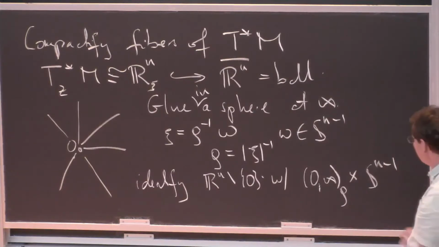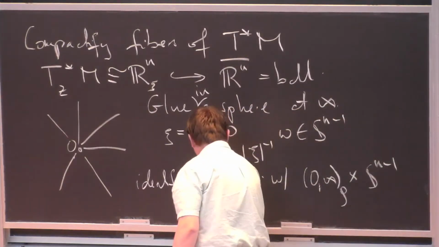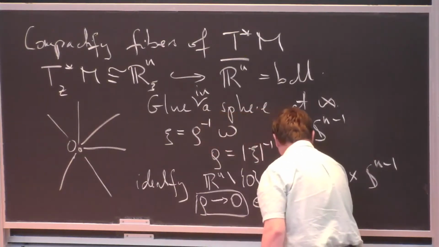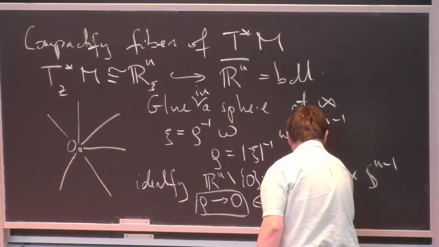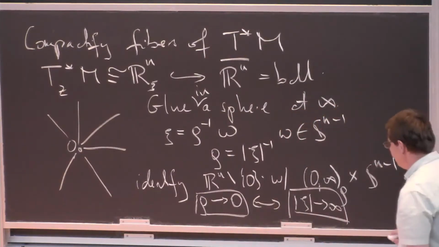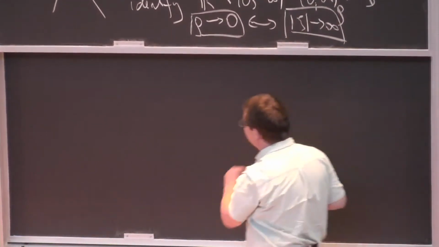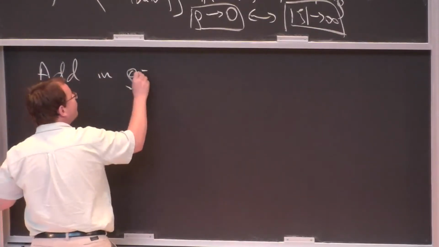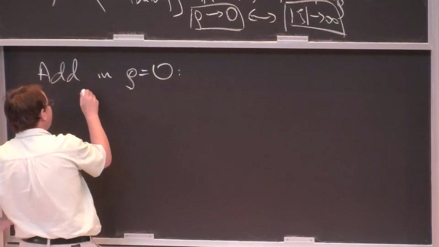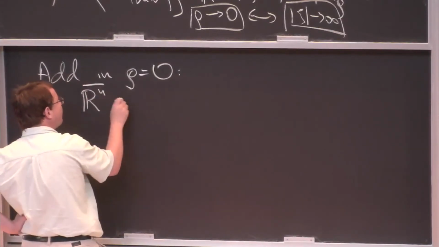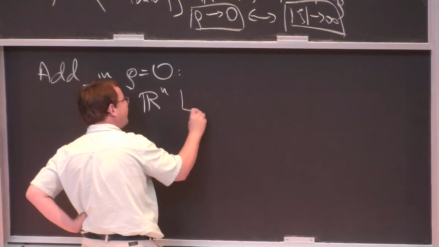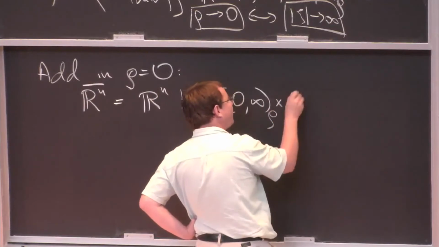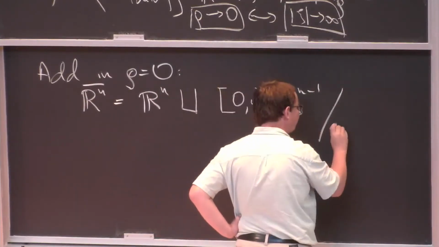Okay? And then rho going to 0 corresponds to psi going to infinity. And so what I can do is just add in the sphere at rho equals 0. That is to say, I want to have a new space, so my R^n bar is just going to be R^n, and then I take the disjoint union with (0, infinity) in rho across the sphere, and then quotient out by this equivalence.